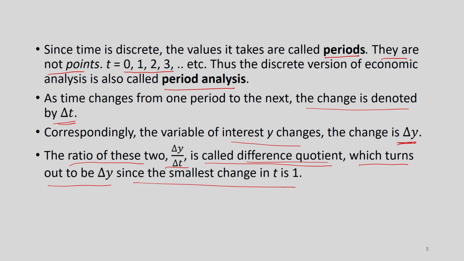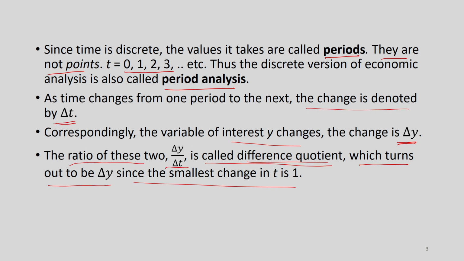So, by delta t we mean the smallest possible change in time, and we know time is discrete, and so the minimum possible change that can take place in time is 1. So, delta t is equal to 1.